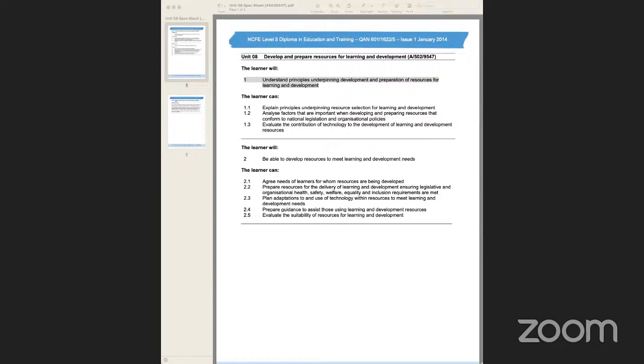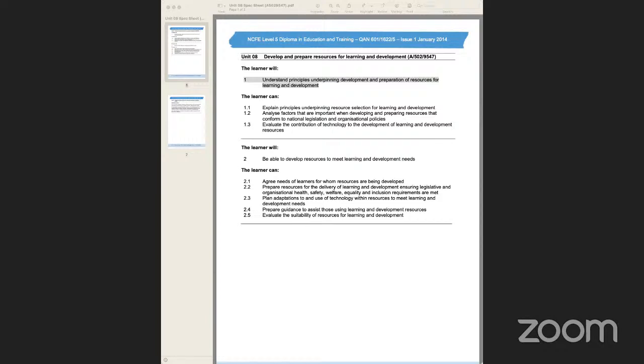The third one, we'll also look at understanding a bit of legislation and obviously anything to do with organizational policies that we have within a particular teaching and learning institution.